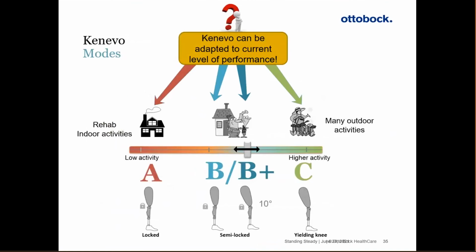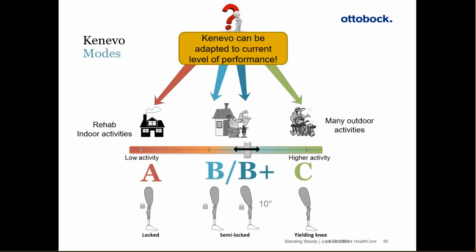So it can be adapted to the current level of performance where the user is at this time. If maybe they are a long-term C-Leg user or X3 user, but they're getting older and they're regressing a little bit, maybe they don't need the same things that those knees offer, but they need the stumble recovery.